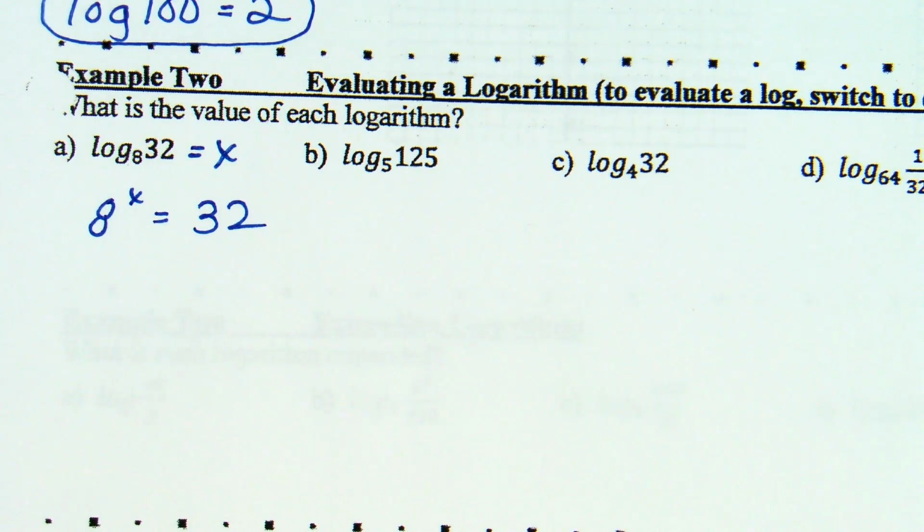Thoughts on how to solve for x here? Well, the problem is because I have this x here, I can't really touch that 8 in the sense that I can't like divide anything out there.